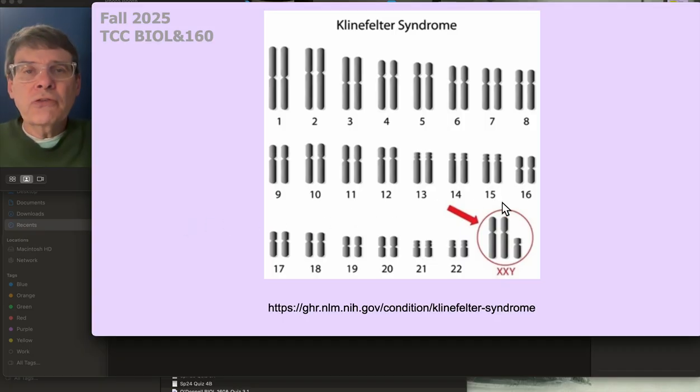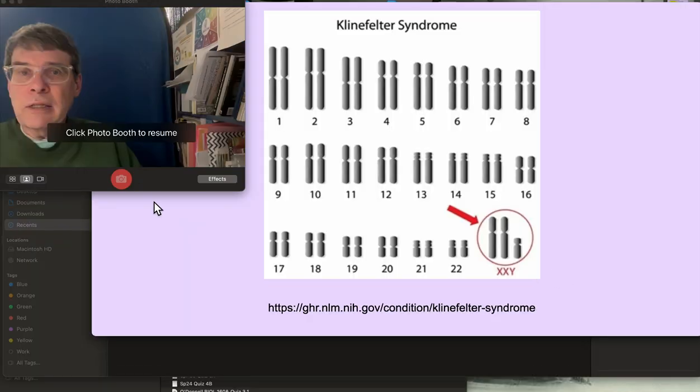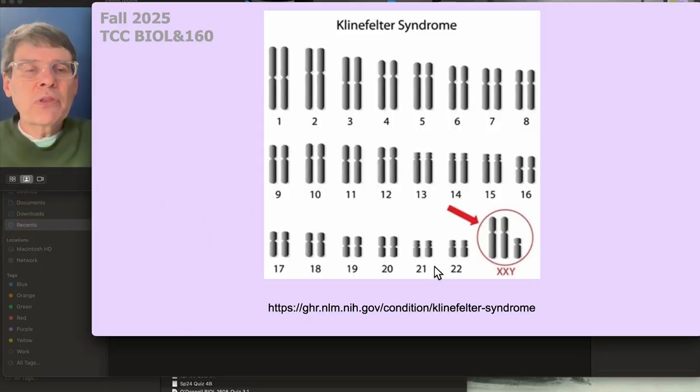Similarly, Klinefelter syndrome, a karyotype is made likely from a blood sample and a week's worth of laboratory work to come up with an image like this, with, in this case, 23 pairs of chromosomes plus an extra.